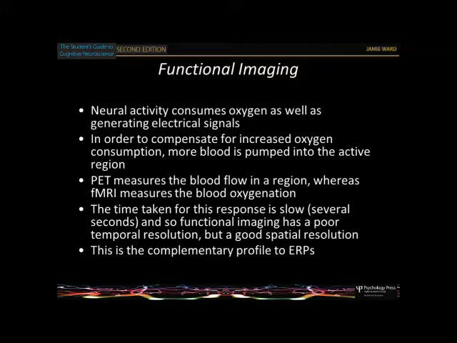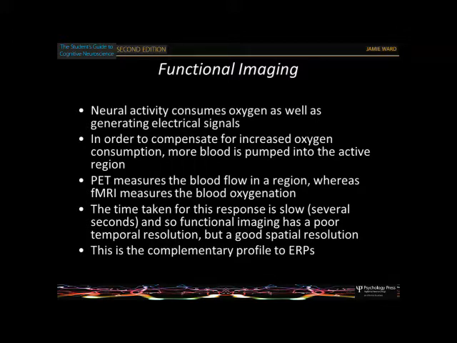When your neurons are firing, when they're generating action potentials, when synapses are active, they consume lots of energy. That energy is involved in pulling in oxygen and converting oxyhemoglobin into deoxyhemoglobin.